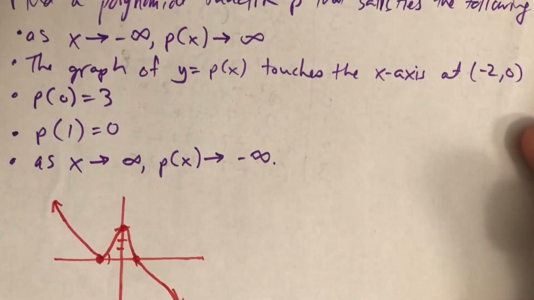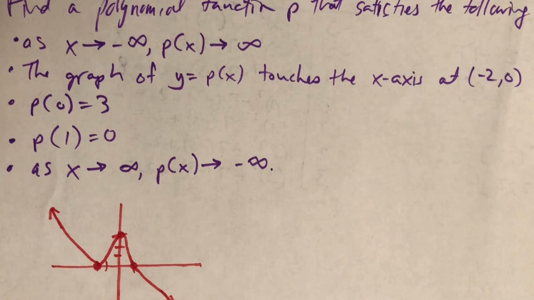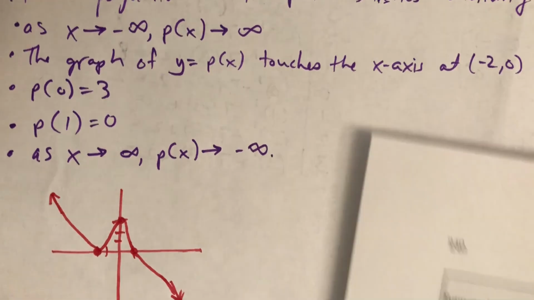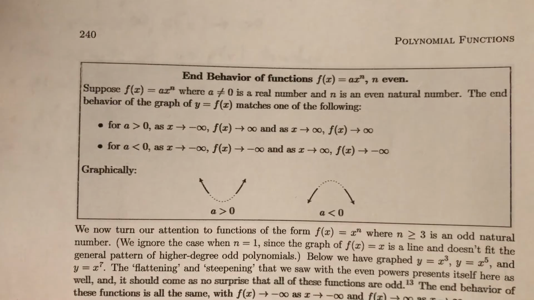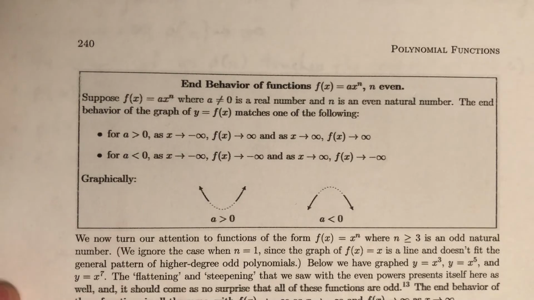Okay, well, let's take a look at some of these ideas from the textbook. I just printed this out here, on page 240. It tells us about end behavior of our functions.